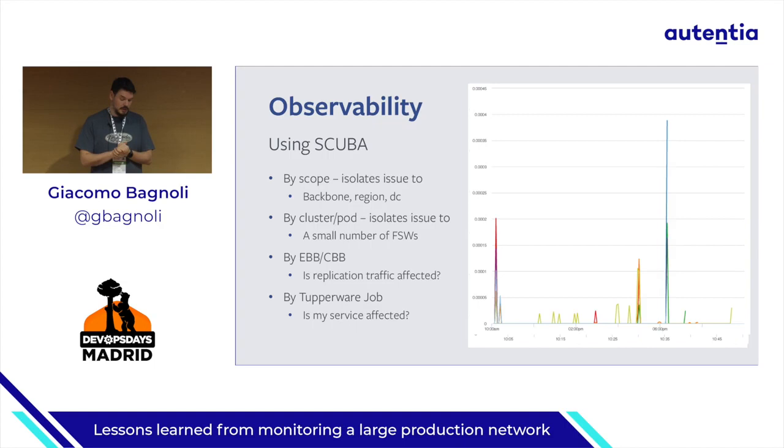Tupperware is our own kind of Kubernetes, you can think of it as an internal tool that we use to schedule tasks, so you can group by whether my task is affected, something like that. This is great because when the network is not working, you can start chopping it up by all these dimensions and try to figure out which one is impacted the most and where the problem is.